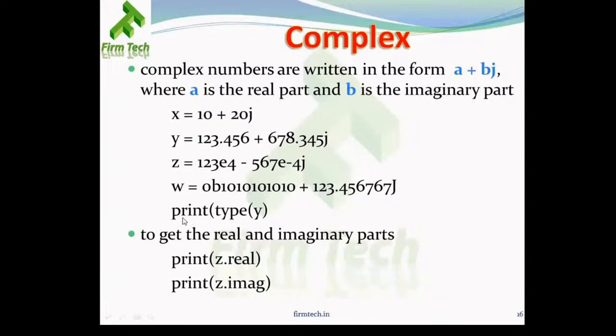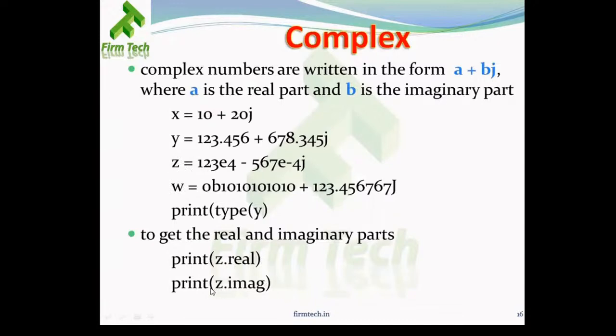And here also we can use print of type of y. And real as well as imag, these are the two attributes to extract the real part and imaginary part from the complex number. So the format is print of z dot real, where z is the complex object, or our variable.